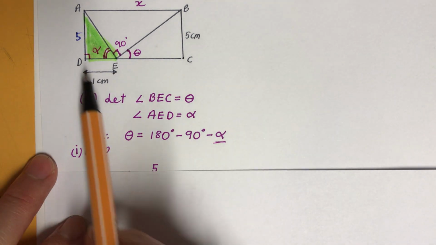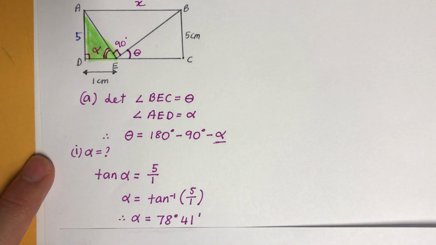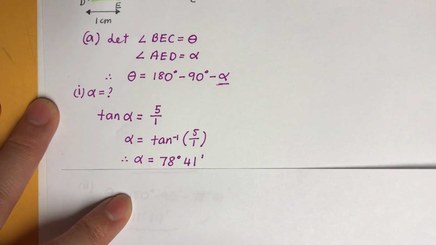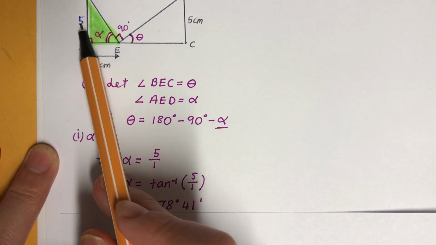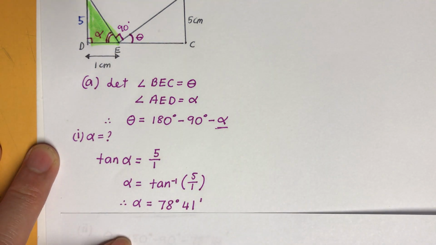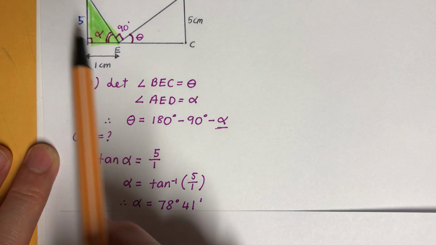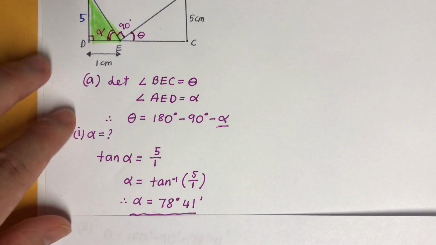Okay, and that's 1. So to find that, we're going to use tan alpha, because what's this one? That's opposite, and that's adjacent. That's a TOA. So tan equals opposite over adjacent, 5 over 1, which is just 5, and alpha will be 78 degrees and 41 minutes.